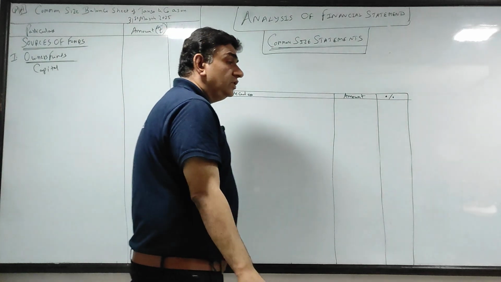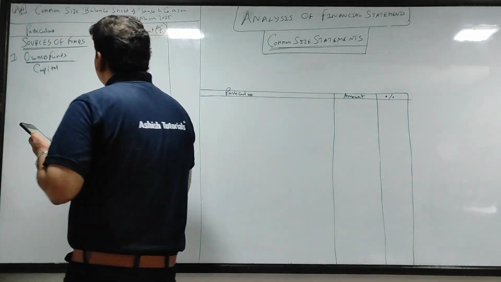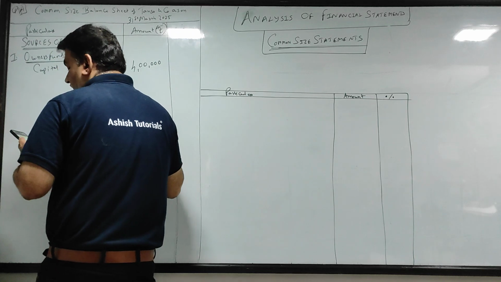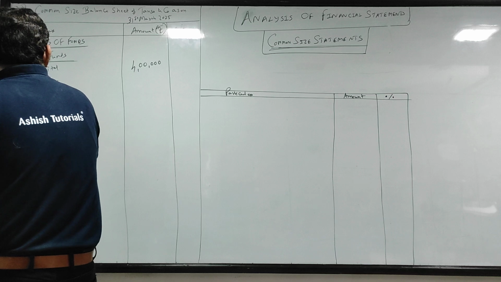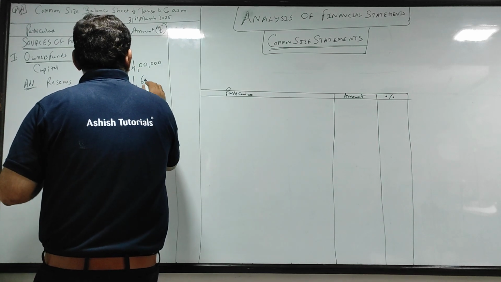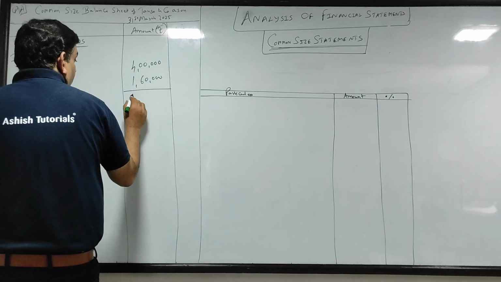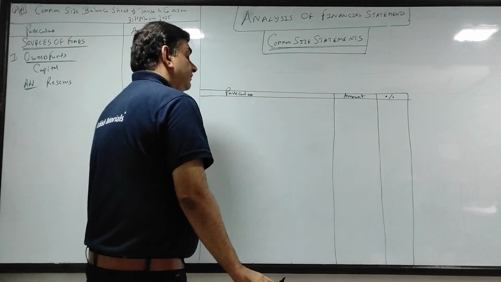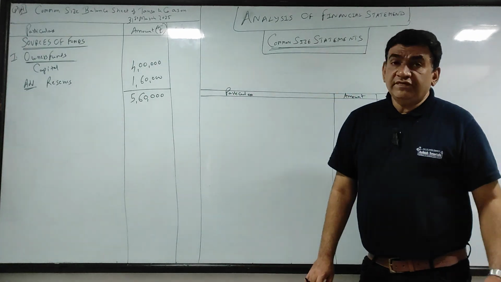Okay, in that, capital, as I told you, all amounts we will adjust in the first column. Capital 4 lakh. Add reserves 160. Okay, 4 lakh plus 160 gives you 560. Okay, what do we deduct from this?